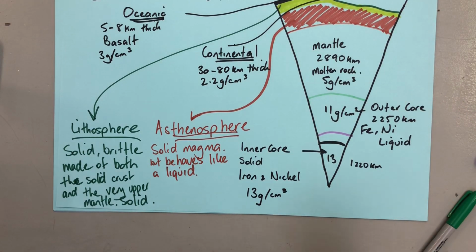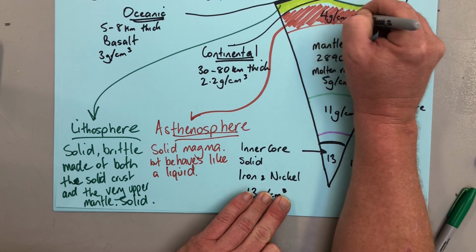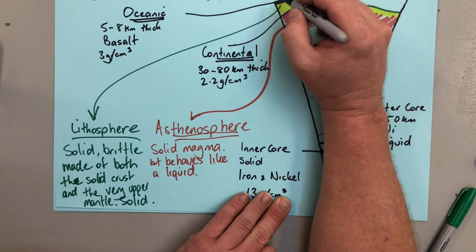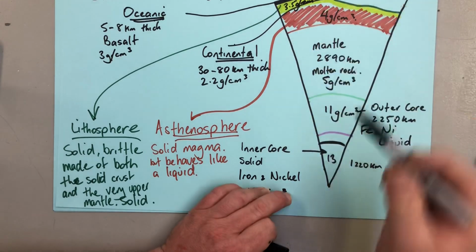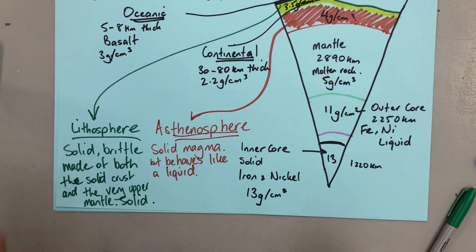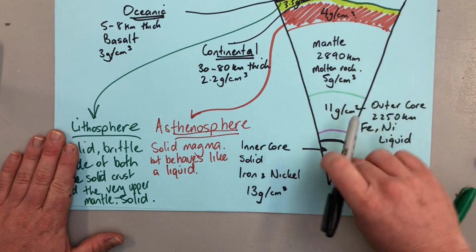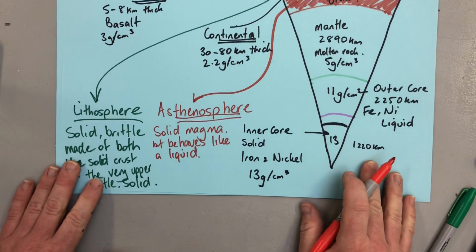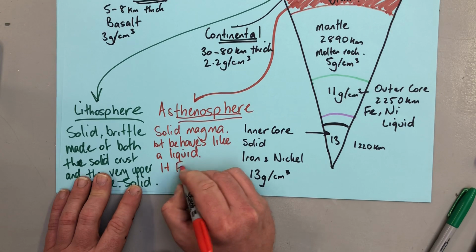Let's talk about densities. I'm going to write it here. Asthenosphere is 4 grams per cubic centimetre, and the top of the lithosphere is 3.5 grams per cubic centimetre. So you can see we've got this real change in density. We've got the asthenosphere, the lithosphere, mantle, outer core, inner core. I will write one bit more about the asthenosphere, and that it flows.